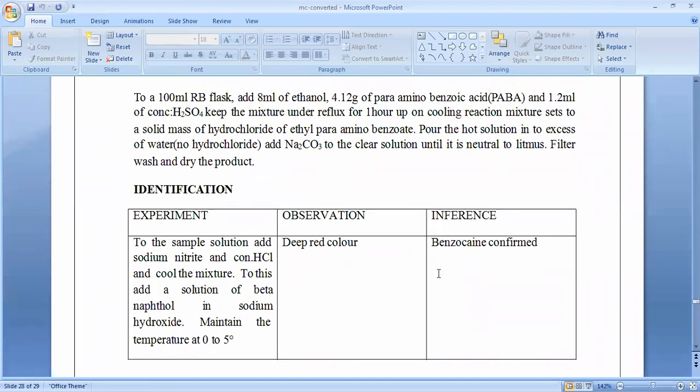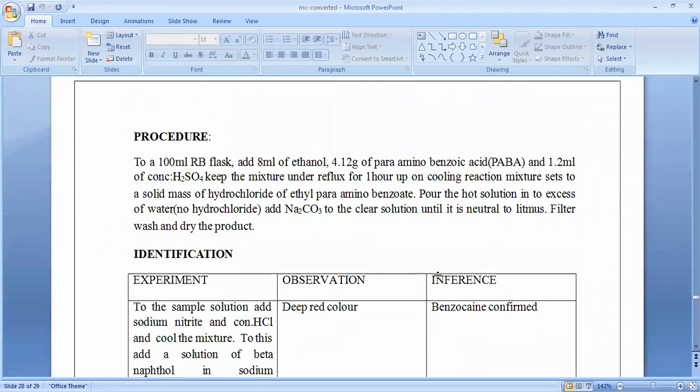Now, how will the procedure be done? What is the procedure for the synthesis of the benzocaine molecule? In a 100 ml round bottom flask, take 8 ml of ethanol, which is the solvent and is used in the reaction mixture here. To this ethanol we add 4.12 grams of para-amino benzoic acid.